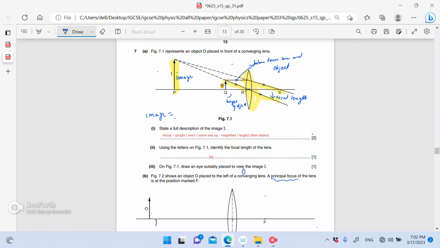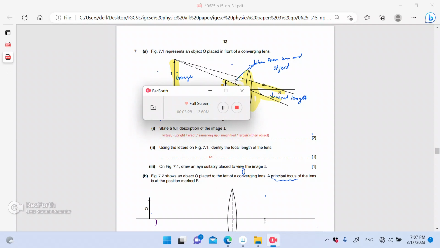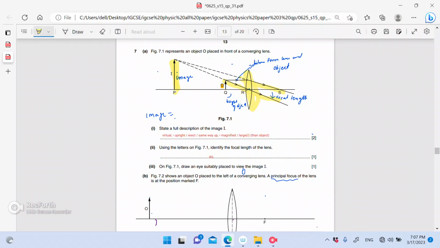Okay, use the letter on fig 1.1. Identify the focal length of the lens. So what is focal length? This is the focal length.